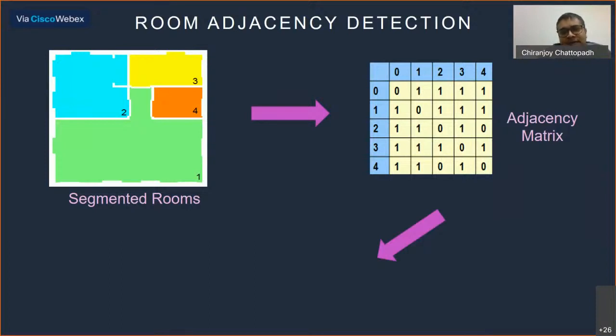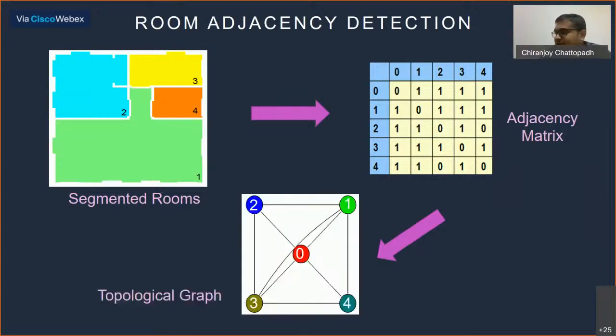Based on that, we created these adjacency matrices, represented them as a graph, and this graph is actually nothing but this adjacency matrix, and then we extracted features from this adjacency matrix. Okay, so this is the graph, and we have this representation.